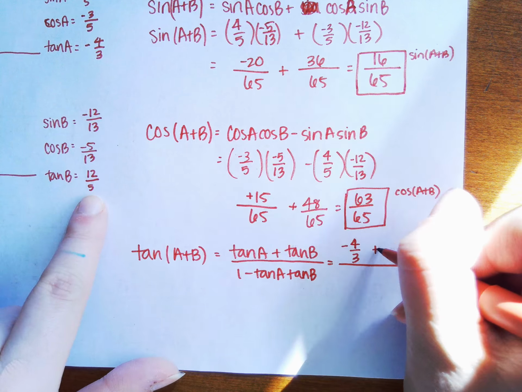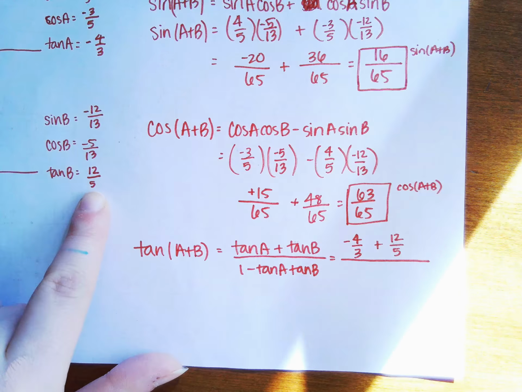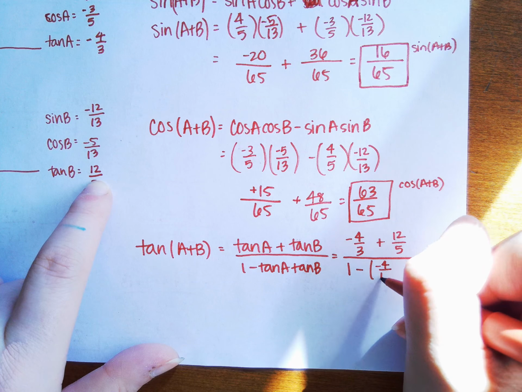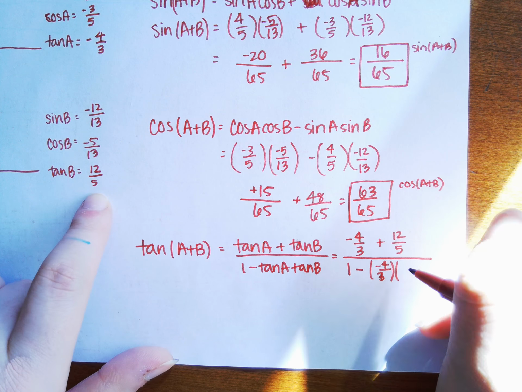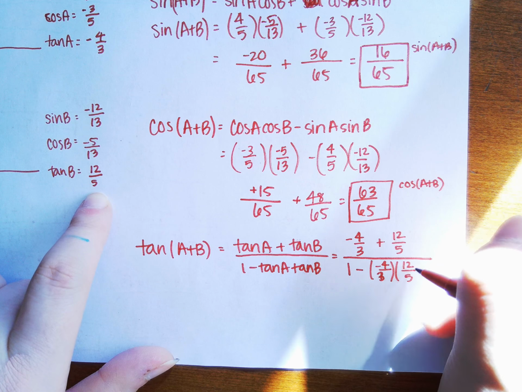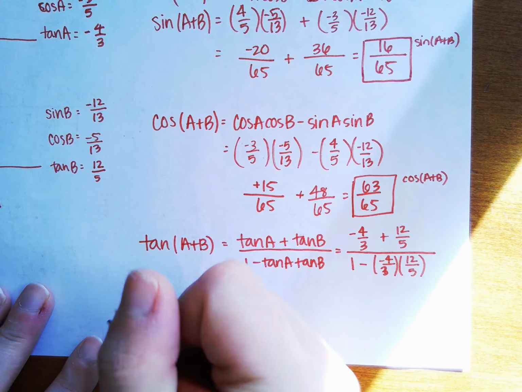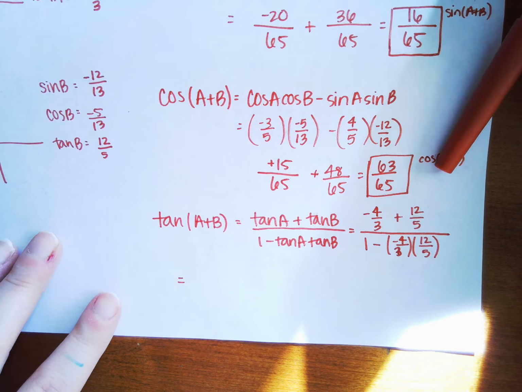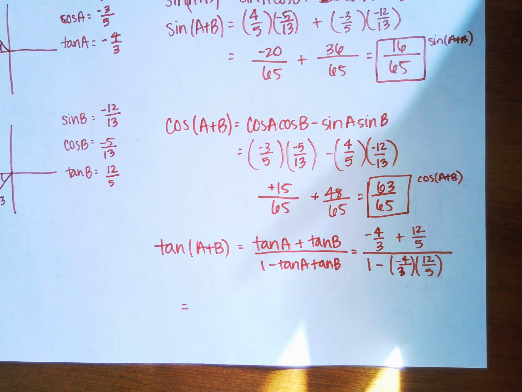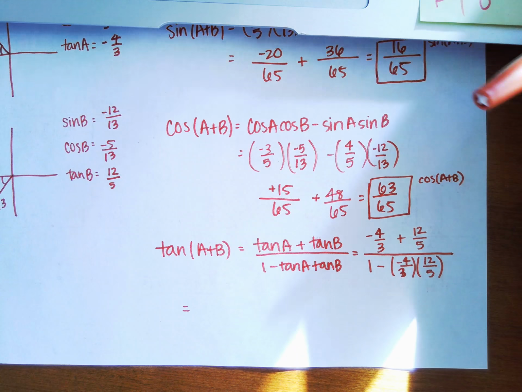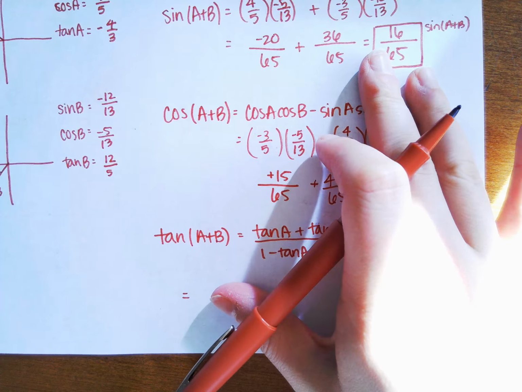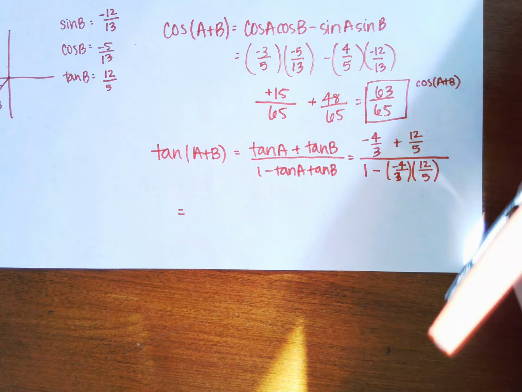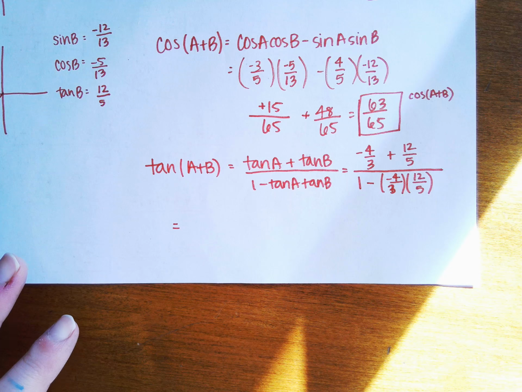Tangent B is 12 over 5. Tangent's always a little bit harder because we have to do a lot more simplification. It's not as easy as just multiplying fractions. We have to find common denominators on the tops and bottoms, and it's a little more complicated.